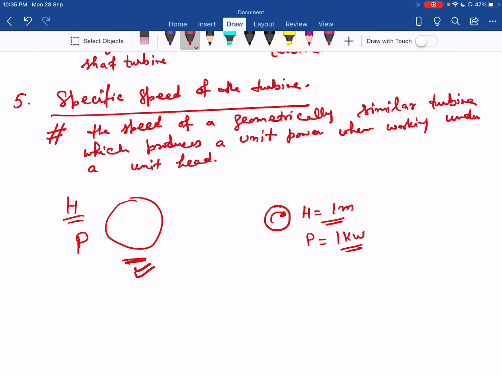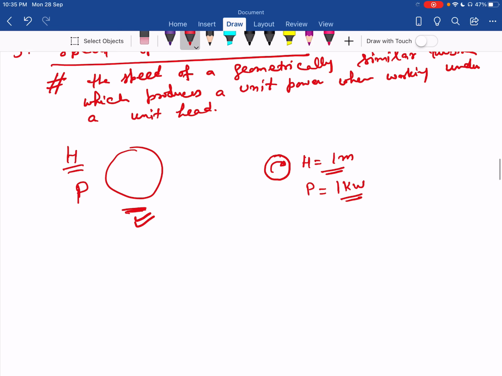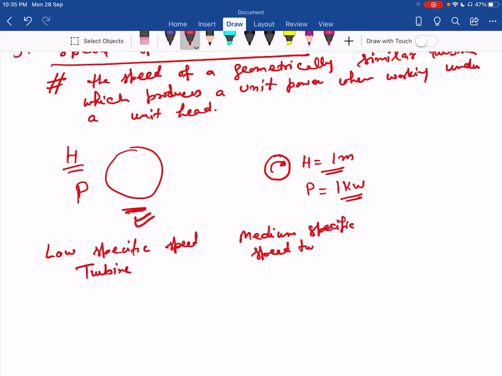Depending upon this definition of specific speed, we have three types of turbines. One is low specific speed turbine, then medium specific speed turbine, and then high specific speed turbines.